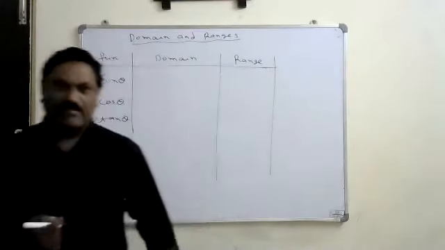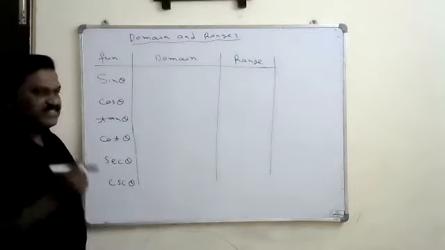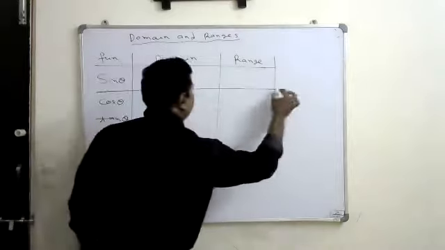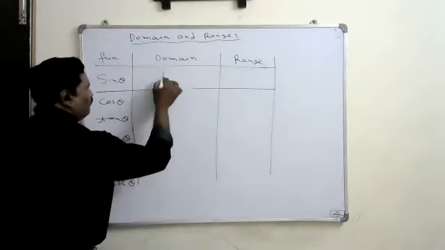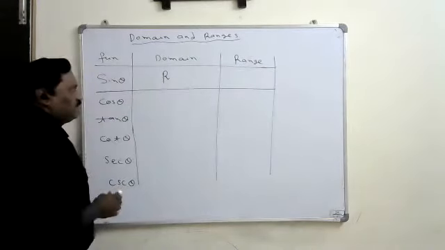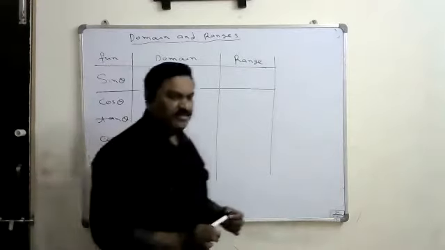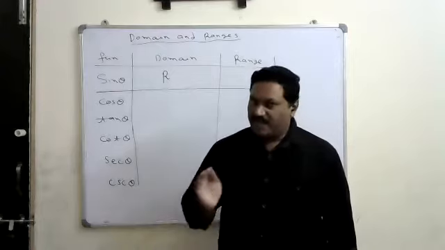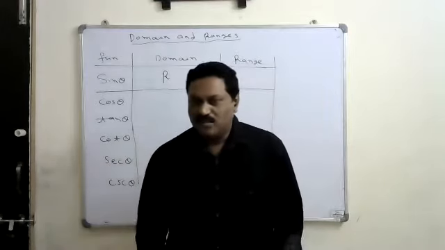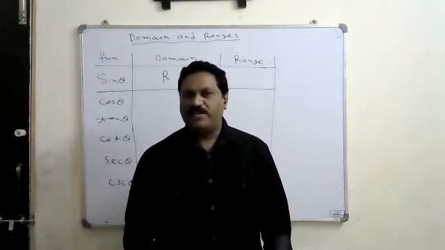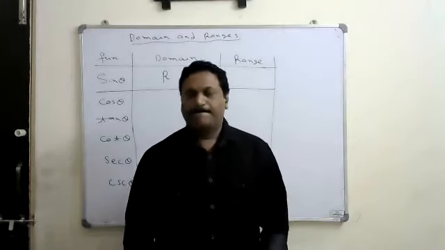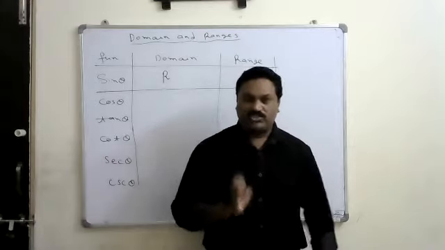Yesterday I already gave this to you. Tell me, what is the domain of sine theta? R. Real numbers. Sine theta never gives not defined. For any angle theta, sine is going to give a value between -1 and 1. That is called a bounded function.